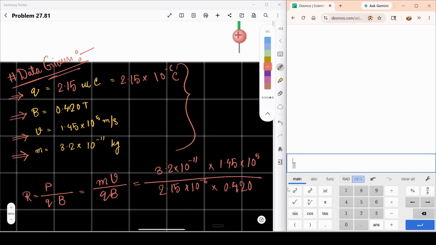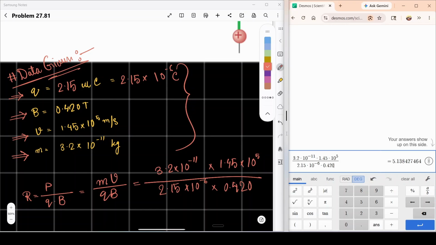So we will calculate this. Let's use a calculator. I'm using Desmos here. 3.2 into 10 raised to minus 11 multiplied by the velocity 1.45 into 10 raised to 5, divided by the charge 2.15 microcoulomb and 0.420 Tesla, which is approximately 5.138 meters.